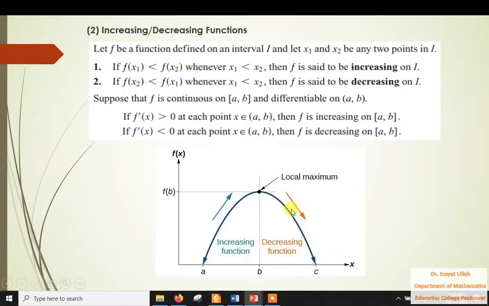So the slope of these tangent lines will be negative. Slope of tangent line will be negative means the derivative of the function will be negative, less than 0. And whenever the derivative of the function is less than 0, we say that the function is decreasing. So that is the graphical idea to understand the meaning of increasing and decreasing.